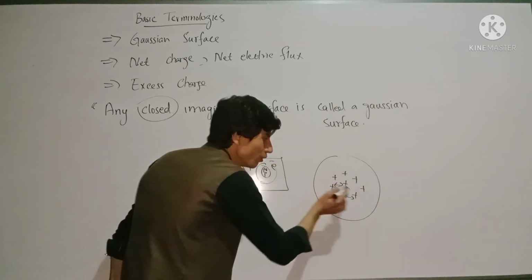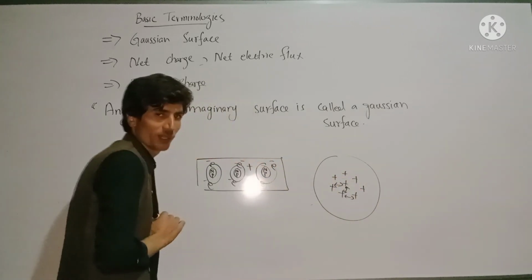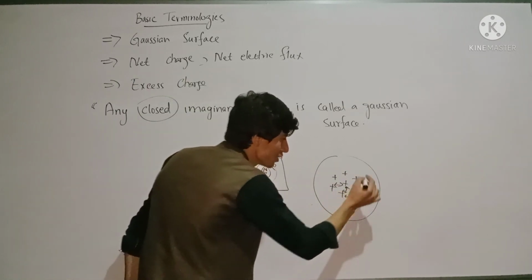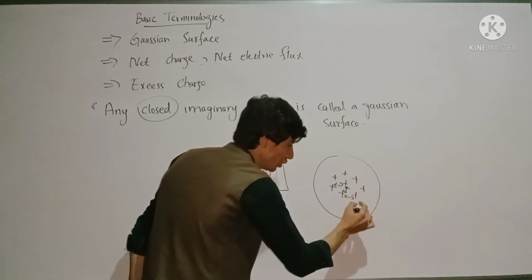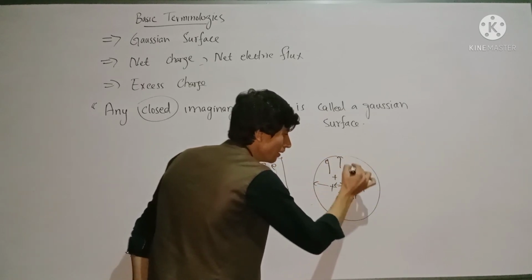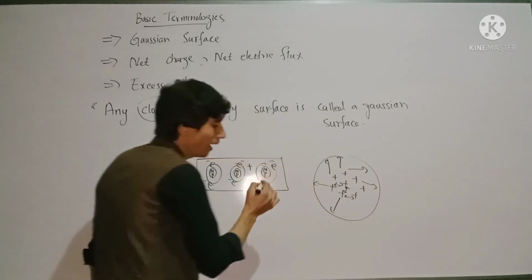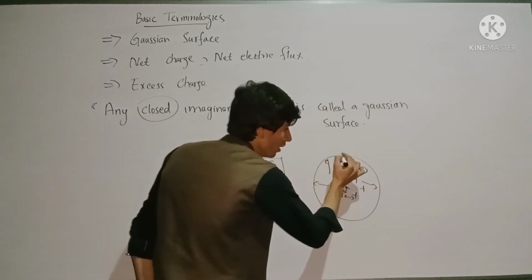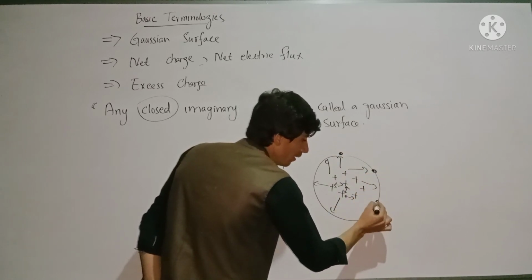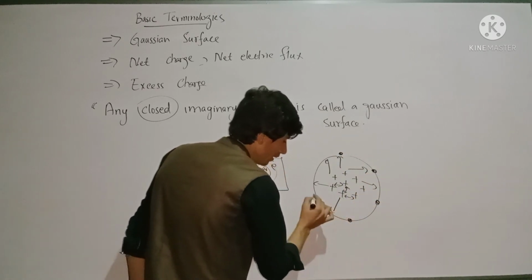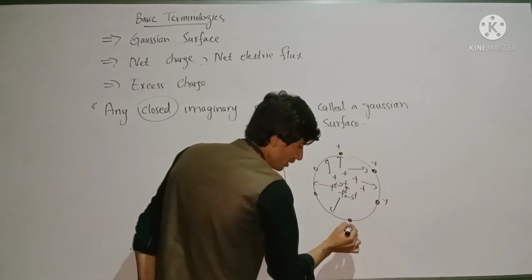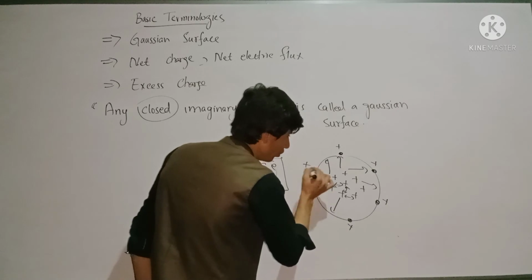So these charges will no longer be here. These charges will be repelled from each other and will start moving toward the surface of the conductor. So now the positions of the charges will be here, here, here, here and here. So all the charges now reside over the surface.